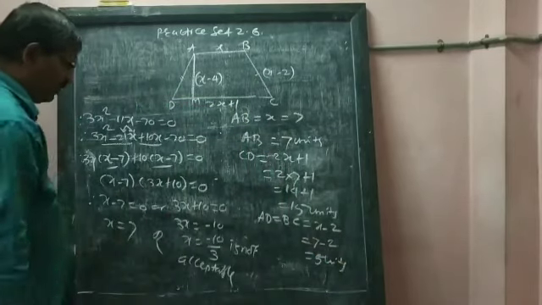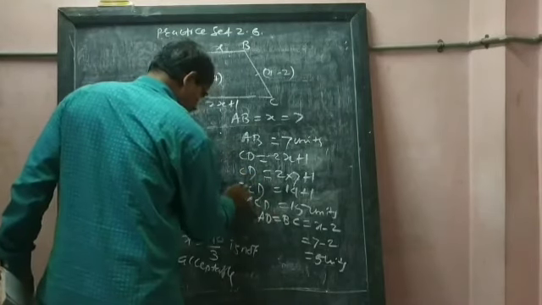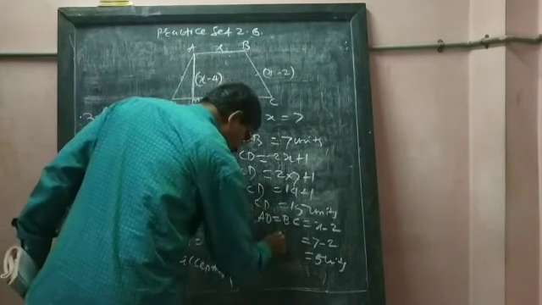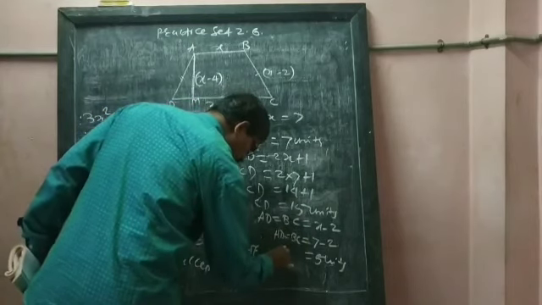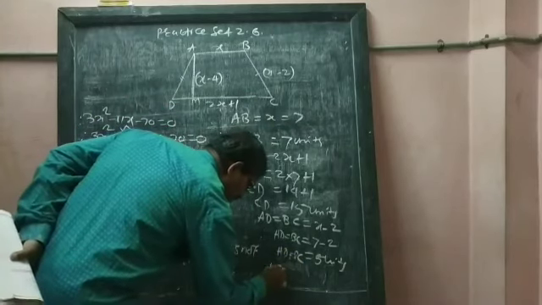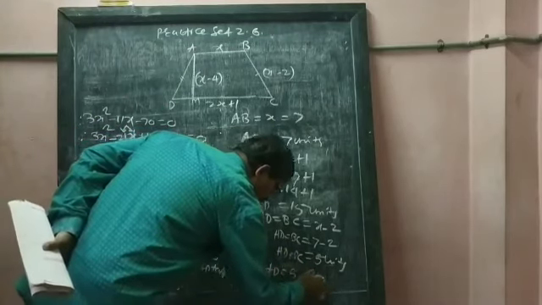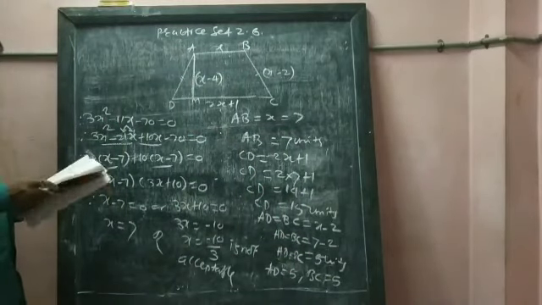If not given, then we should write 'units'. This exercise was a little bit big, having 10 questions. AD is equal to 5, BC is equal to 5. By this way, this exercise 2.5 is completed.